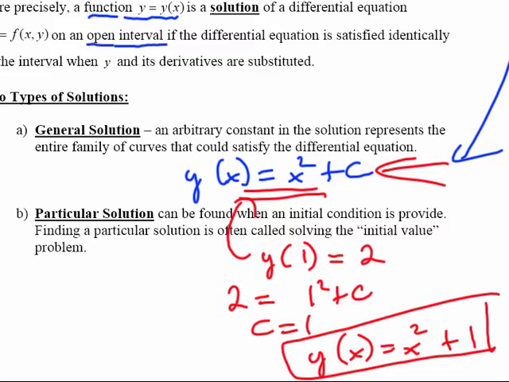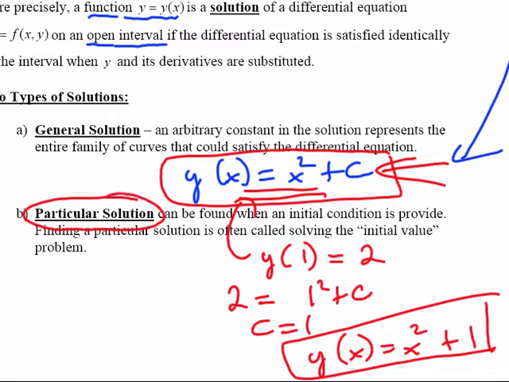So a general solution provides a whole family of curves whose derivative is the original function. A particular solution is one particular curve whose derivative satisfies the original equation as well as the initial condition.